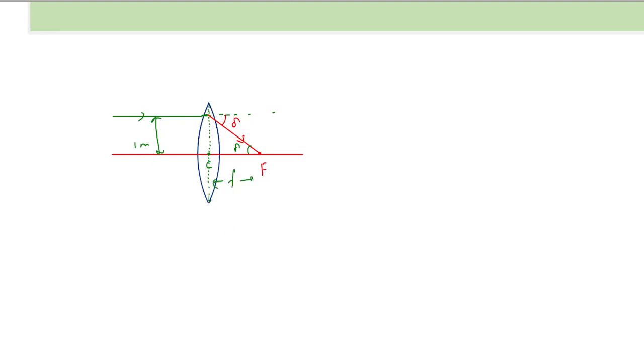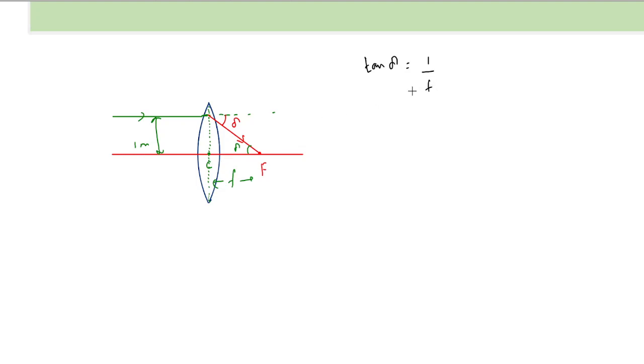In this diagram, if we find tangent of delta, that would be given by the opposite side, which in this case is 1, because by definition power is defined as a case where the light falls at a height of 1 meter, by f, because the adjacent side is f.